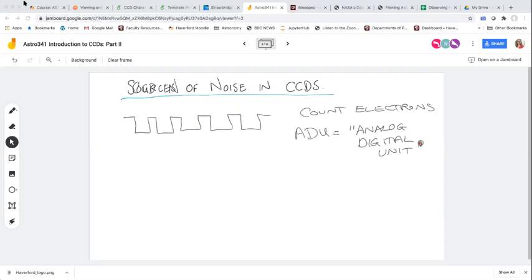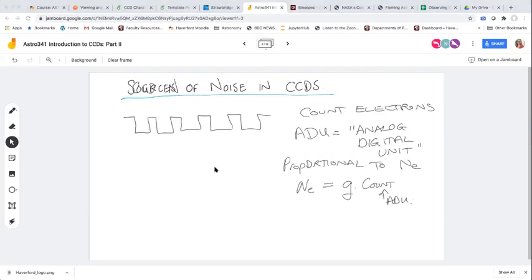That number, the ADU, is the number that you see when you mouse over the image as you're taking it off the telescope. This is proportional to the number of electrons, N_e. In fact, the number of electrons is equal to the gain of the CCD times the count, which is going to be in ADU units. So it's just a number.